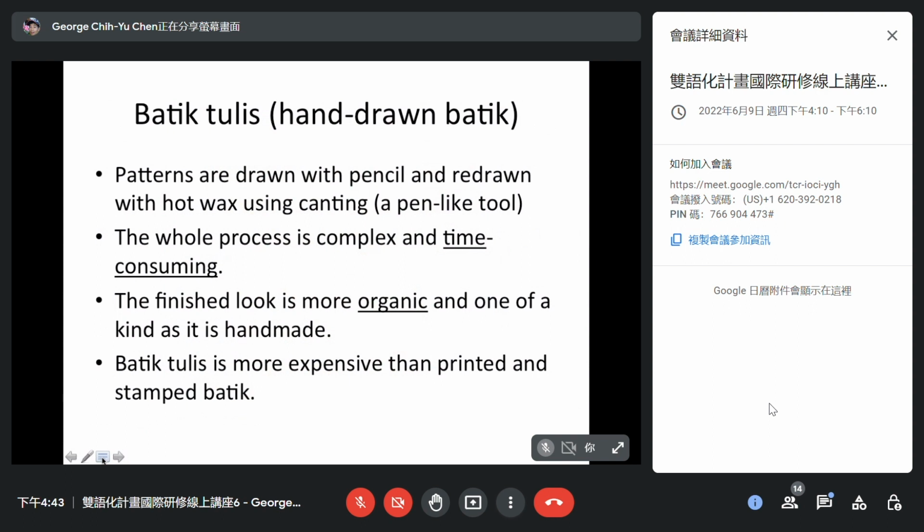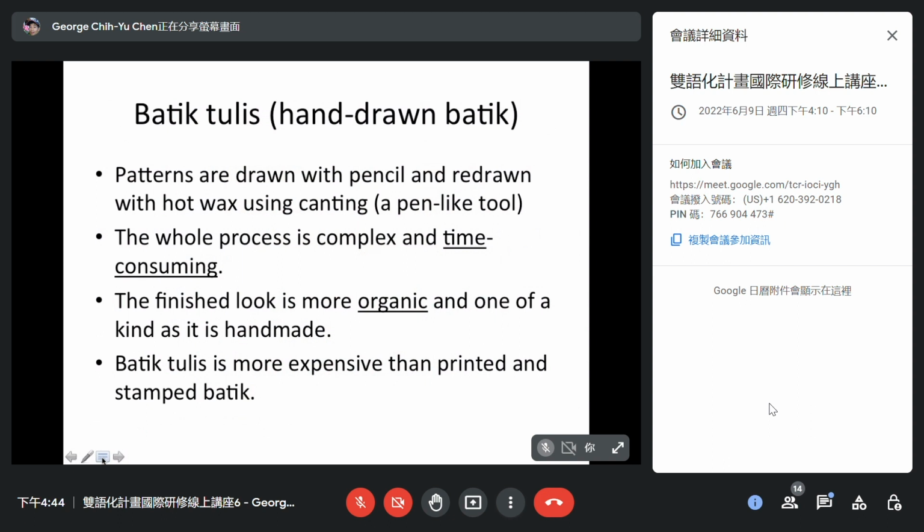Next, we'll go to look at batik tulis. Batik tulis, meaning hand-drawn batik. And it's quite understandable when we say hand-drawn batik. So patterns on this batik are drawn, 是用画的, with a pencil and redrawn.